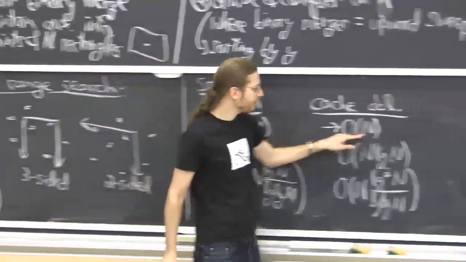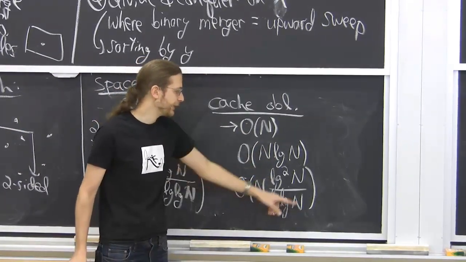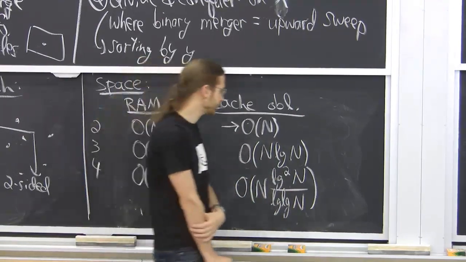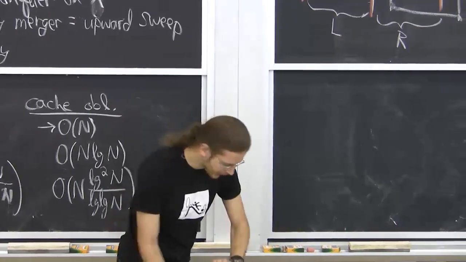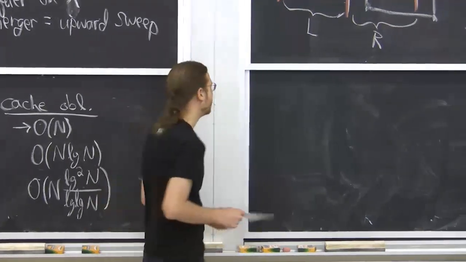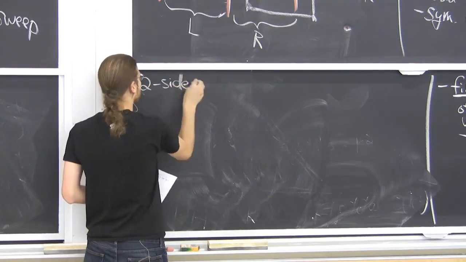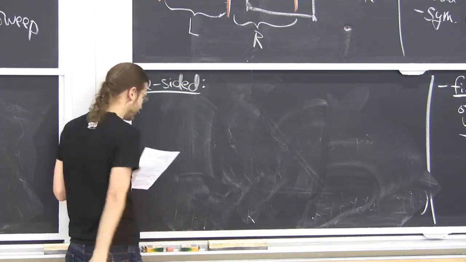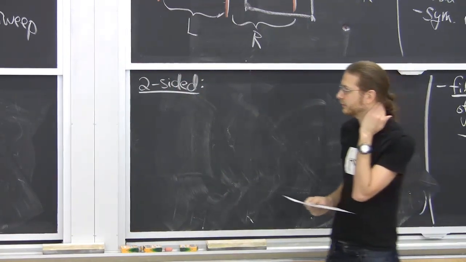So once we have this, it's easy to add a log, add another log. Just with a bit of sophistication, we can save a log factor. Okay, but let's do two-sided. This will be the bulk of the lecture. This is a paper by Arge and Zeh in 2006.